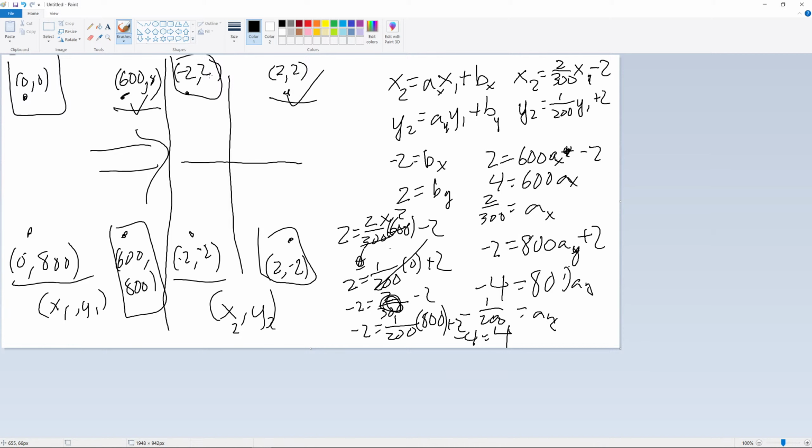So y2 is negative 2, or 2, yeah, 2 should be ay. All right, so by checks out.